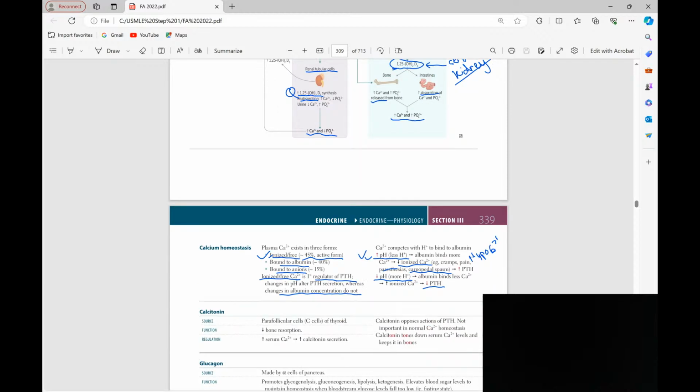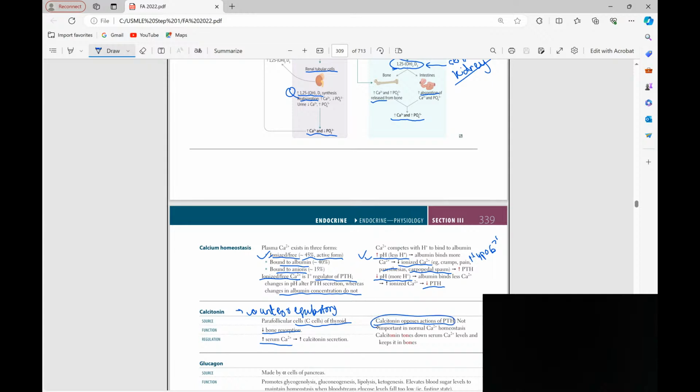Similarly, calcitonin is the counter-regulatory hormone of parathormone, that is, it does all the opposite functions to parathormone, and it is secreted from the C cells of the thyroid. It decreases bone resorption and decreases serum calcium, and here it opposes the action of PTH.